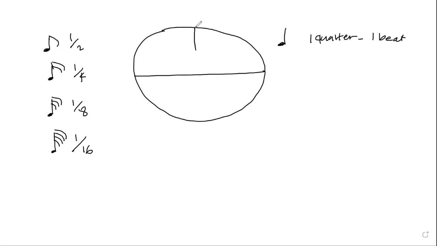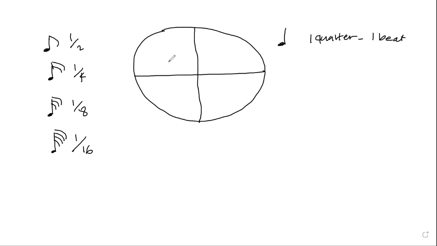This is 1/8, okay? And then you can do 4 flags. This is 16, like that, okay? So it's kind of easy when you think about one chapati here. One chapati, that is a quarter, okay? 1 beat, right? And you can divide it into 4.